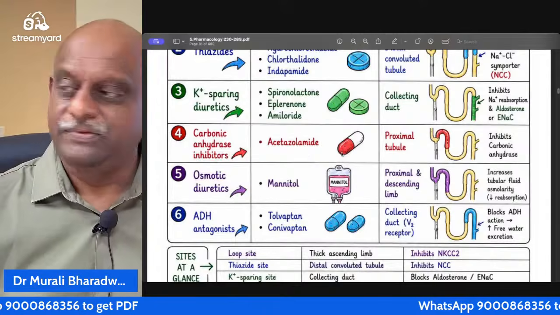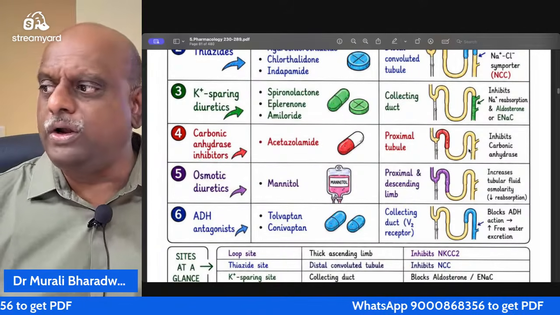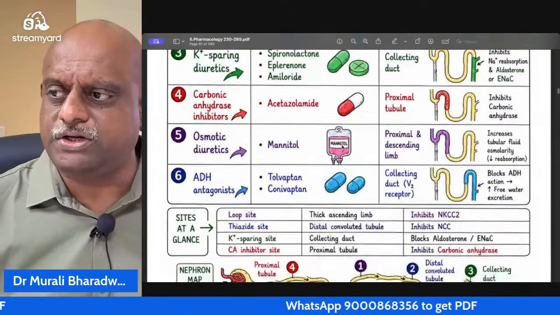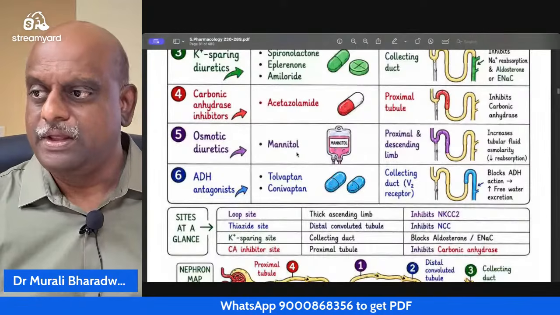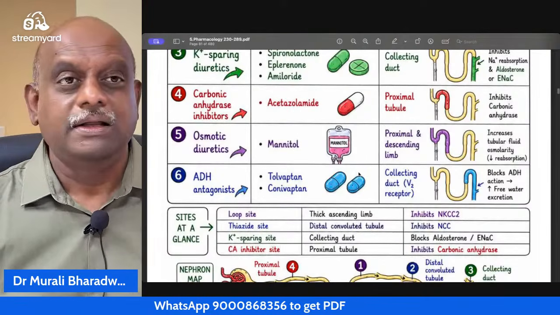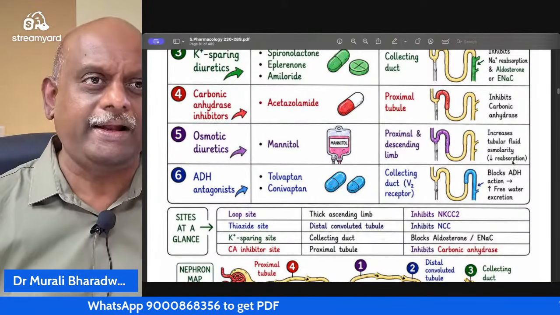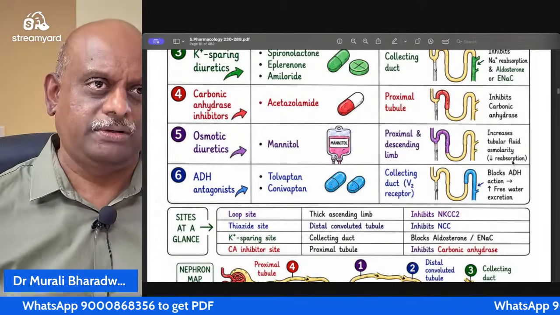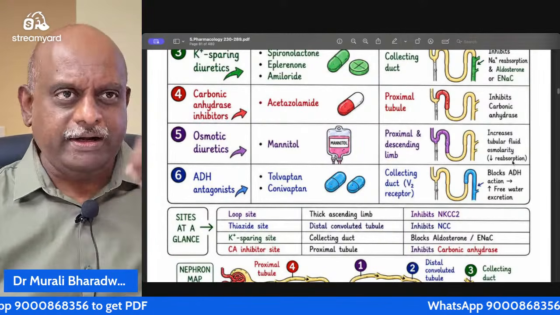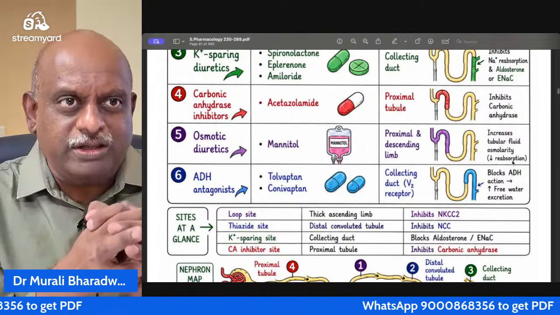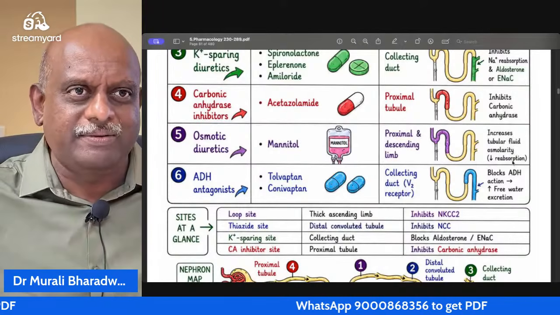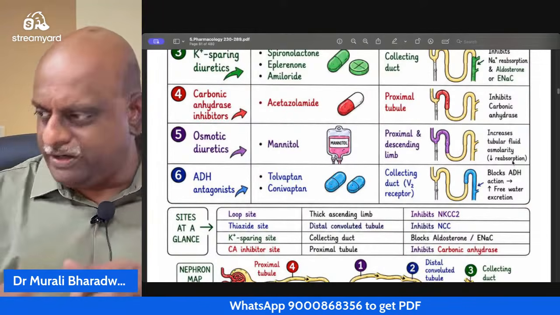Acetazolamide inhibits the carbonic anhydrase in the proximal convoluted tubule. Osmotic diuretics increase the tubular fluid osmolarity and decrease reabsorption. So mannitol enters the tubule and holds the water with it, and does not let the water get reabsorbed, and water is lost into urine.